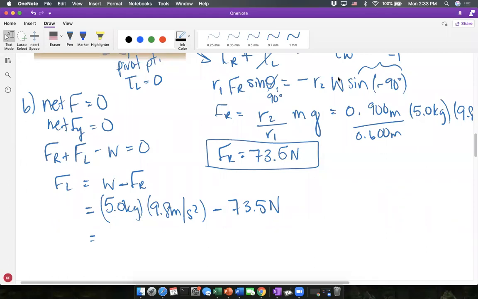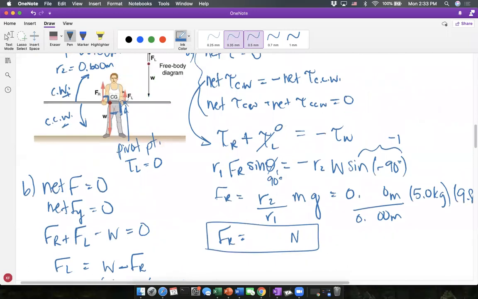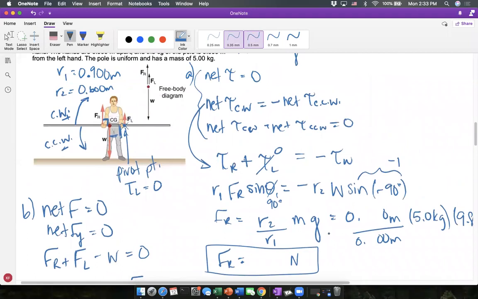Okay, I made a mistake up here when I was plugging in my values, here and here. The reason I was able to catch that is because this was going to give me a negative value, and that wasn't going to make sense since it should be in the positive direction. So let me go back and plug these in. R2 is 0.6 and R1 is 0.9. Let me try that again.